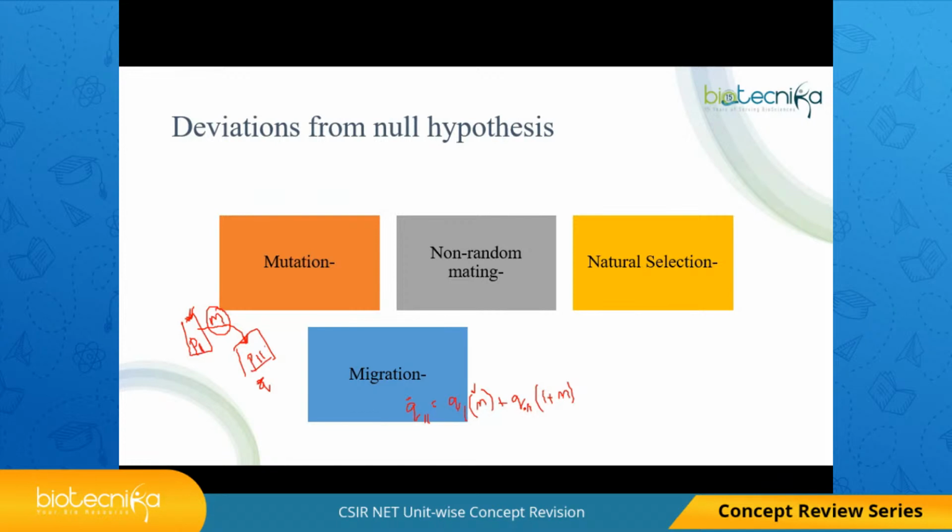Plus Q2 is the frequency of the recessive allele in population 2 into the number of natives, which is, sorry, not 1 plus m, this is 1 minus m. That is your migration. Now, if you know q, you can find out p. So p will be simply 1 minus q2.